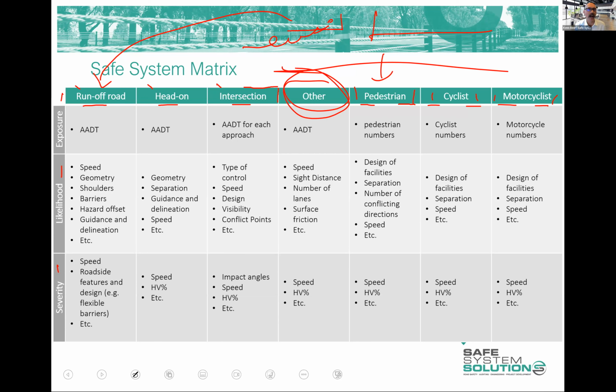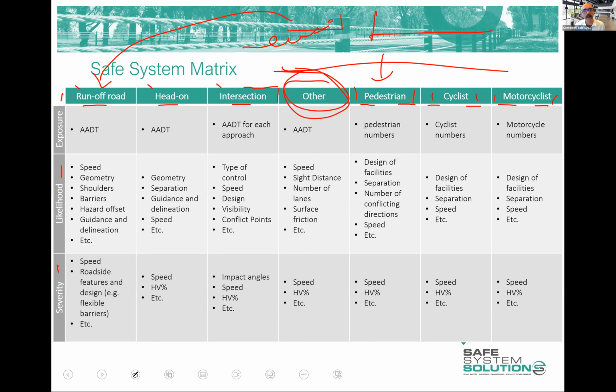Rear ends are a bit of a unique one in this assessment framework. If the rear end crash happens mid-block, not related to queuing from an intersection, then it's an other crash. But if it's queuing from an intersection, we categorize it in with intersections.